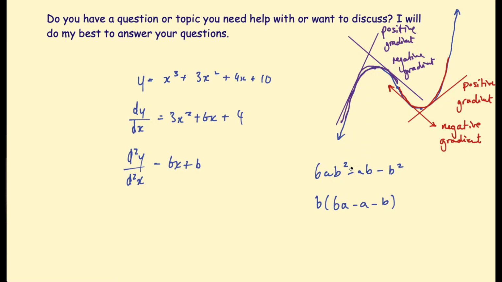What have I done? Oh. I just see a common factor of b. Although there might be. There might be. Oh yeah, it's a quadratic.